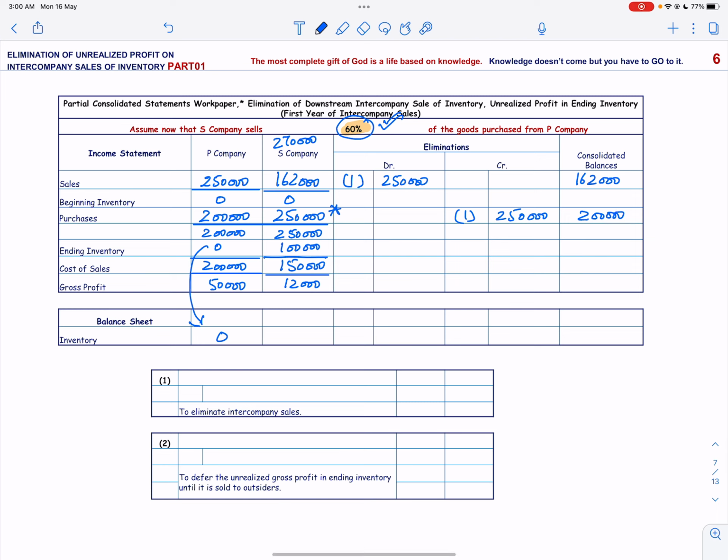So we have sales, we have beginning inventory 0, we have the purchases, consolidated balances for purchases, and now the cost of goods available for sales is 200,000.